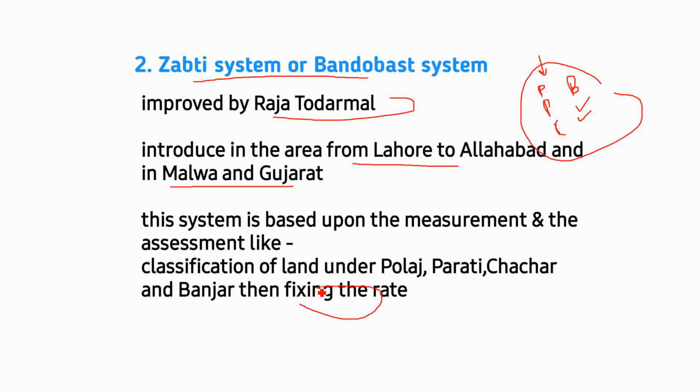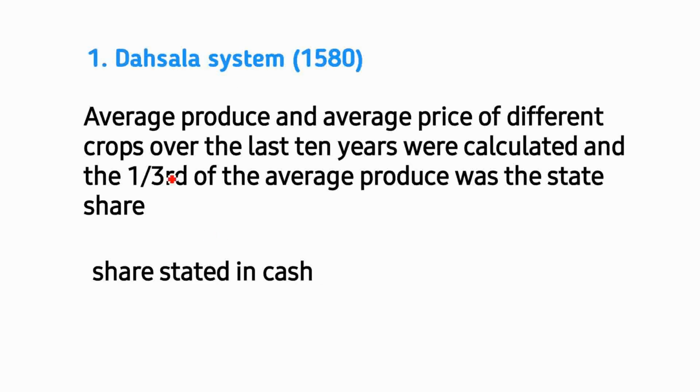And basically, the extended version of this system is called the Dehsala system, which was adopted in 1580. Now, what is the Dehsala system? You need to keep in mind two factors. First is average produce, and second is average price.